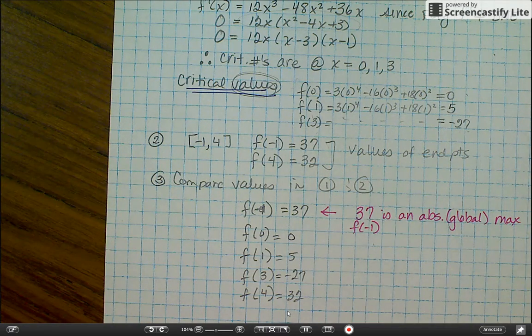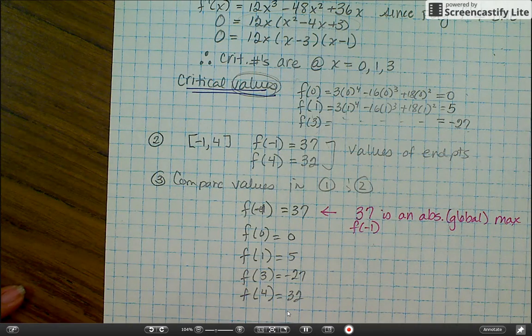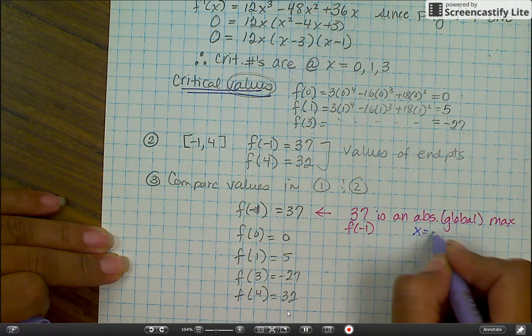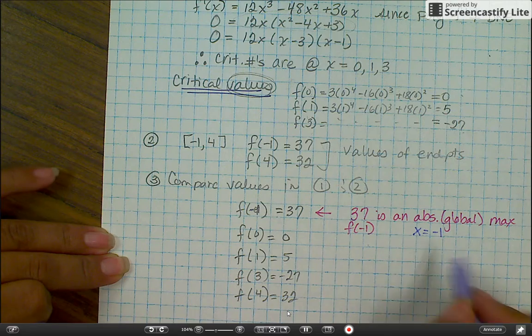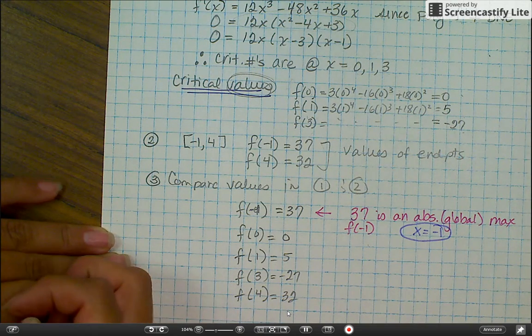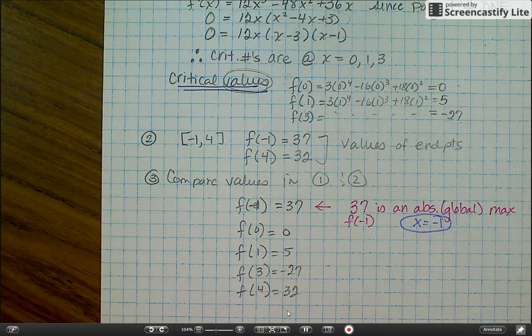You can also write f of -1 is an absolute or global maximum because both of these represent y values. You cannot write x equal to -1 as your answer. That is not correct because it's an x value, but what is the highest y value? So no. Okay? So that is an absolute maximum.